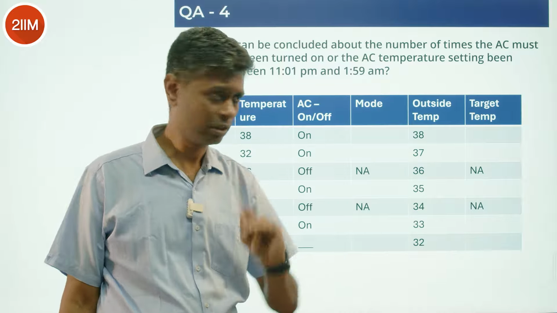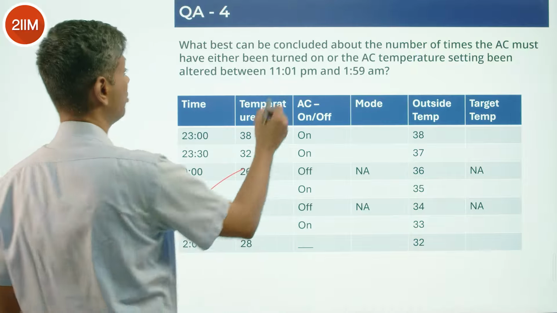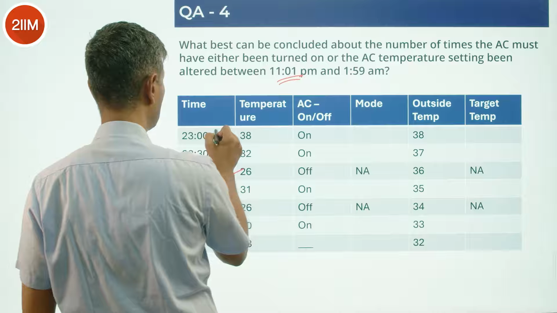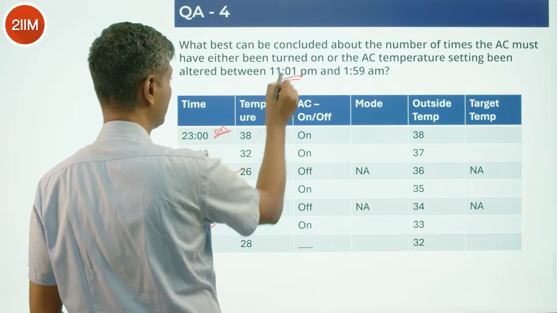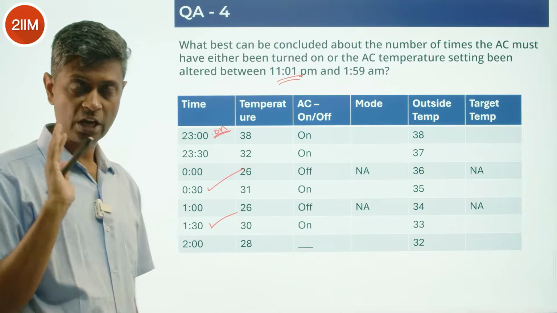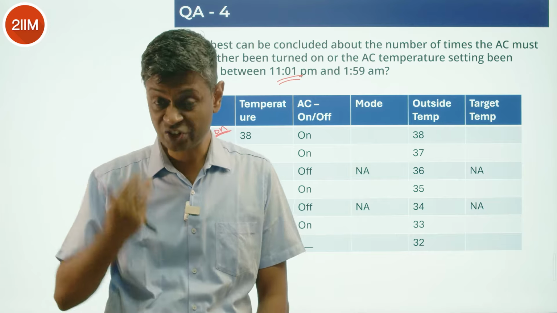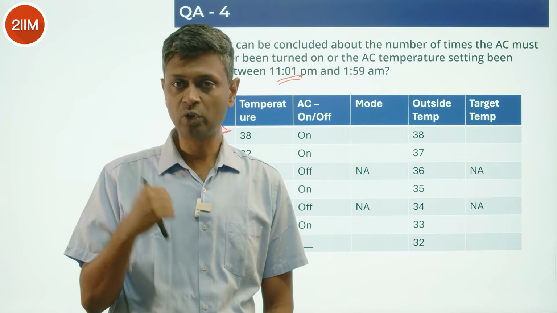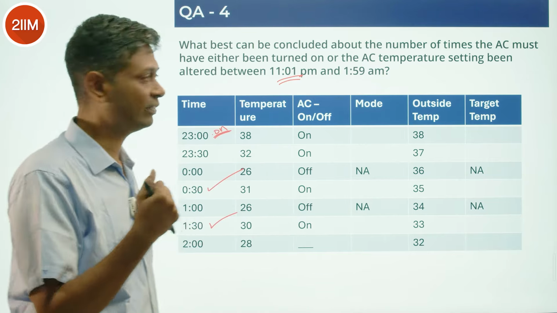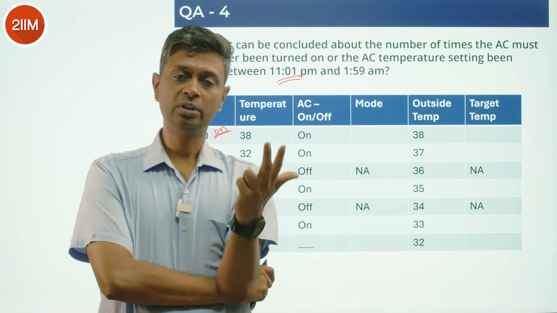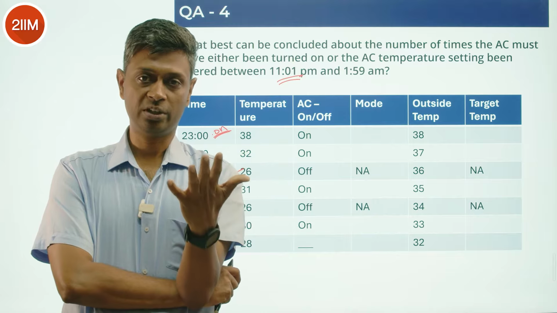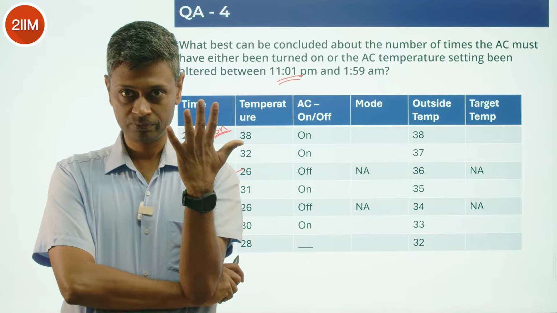Nice, brilliant. So we are talking about 11:01 p.m. At 11 o'clock it is switched on, but that won't get counted. And we know all the changes happen at the half hour or the full hour. So we're talking about 11:30, 12, 12:30, 1, 1:30. 5 possibilities.